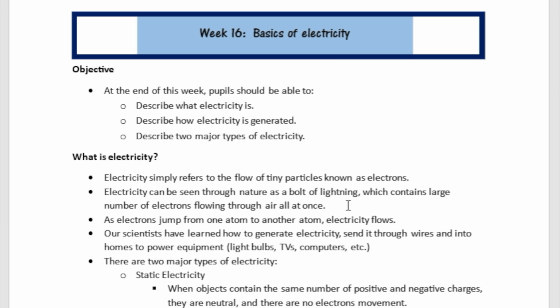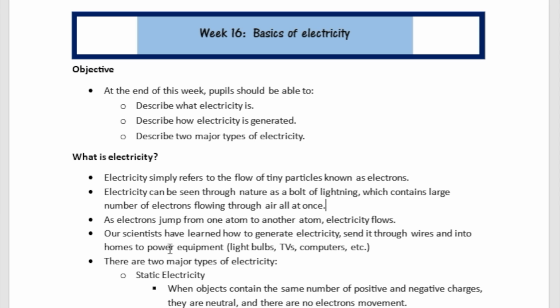When electrons start flowing, which you learned about a few weeks ago if you were coming with this curriculum, electrons are the negatively charged particles of an atom. So when those electrons start jumping from atom to atom in the same object, in the same matter, electrical current is going to start flowing because of that. Well, that's what electricity is.